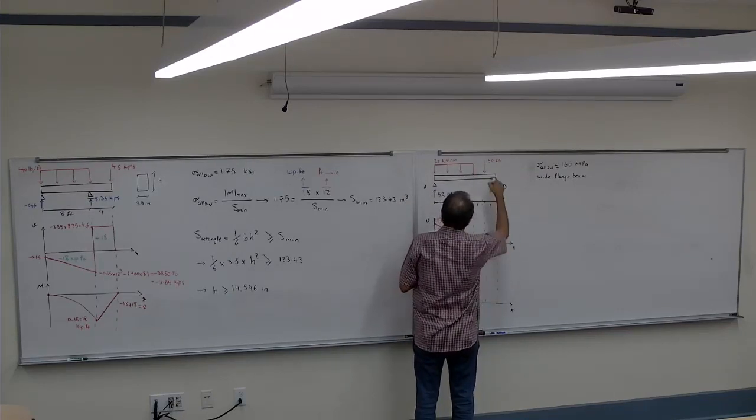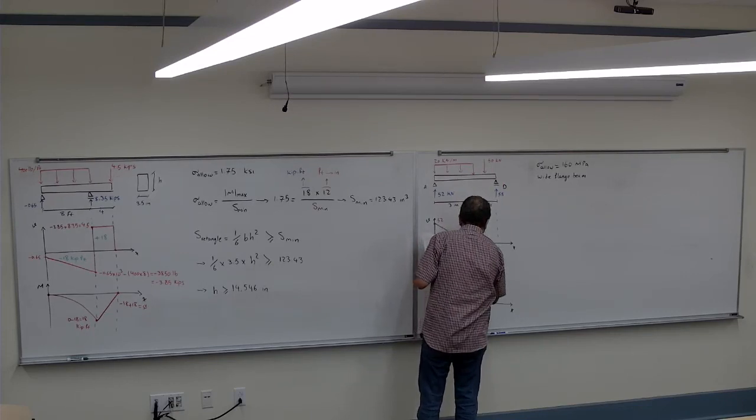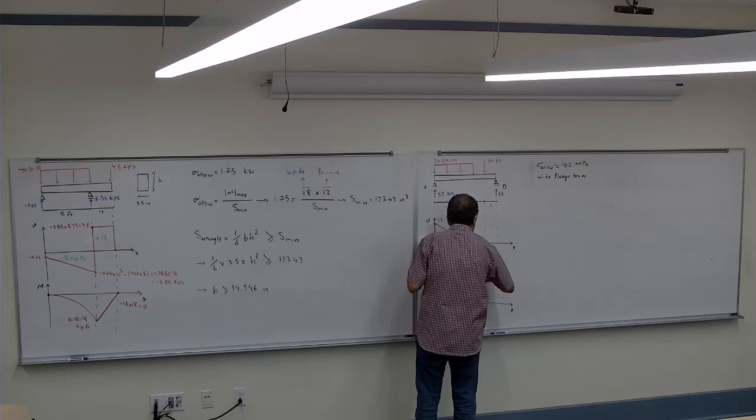Then again, it's pushing down, 50 more, so it's negative 8 minus 50, so it's negative 58.